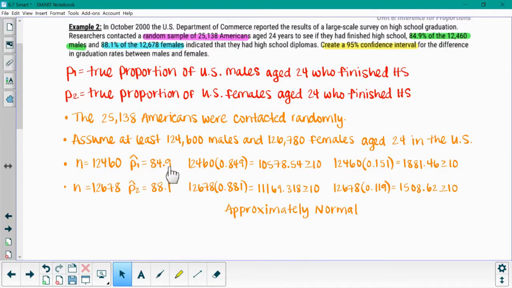Success fail condition, I have first dealing with males sample size of 12,460. P1 hat is 84.9. That gave me 10,578-ish, which is greater than 10, and 1,881-ish, which is greater than 10. Similar for females, both of my values are greater than 10, so I can assume that this is an approximately normal distribution.